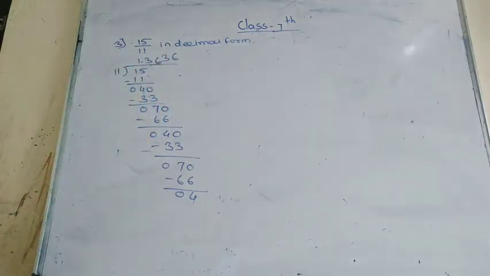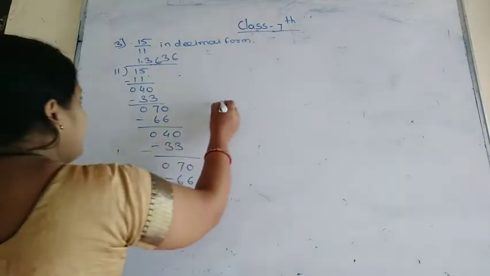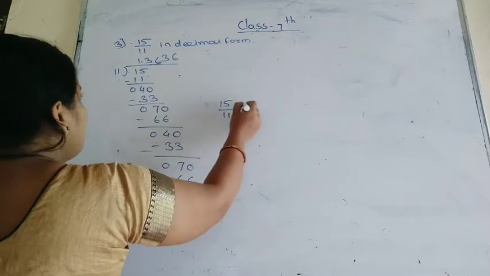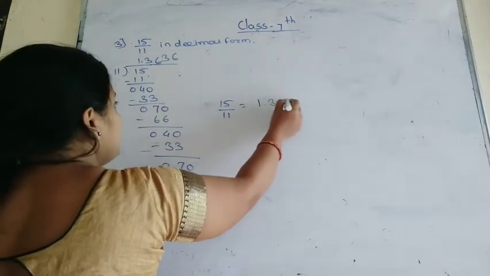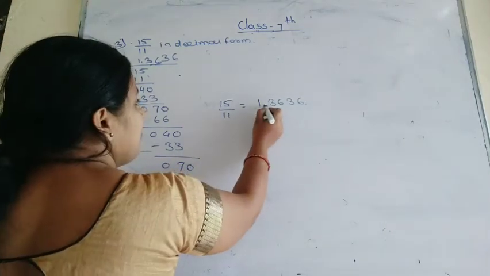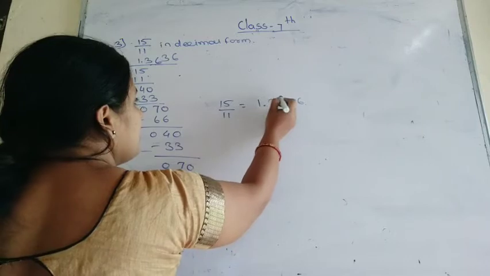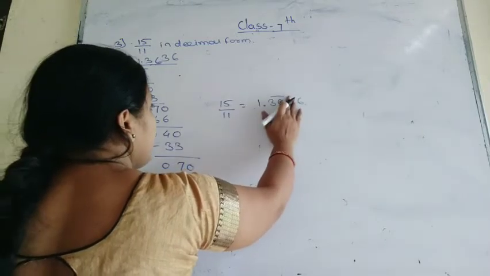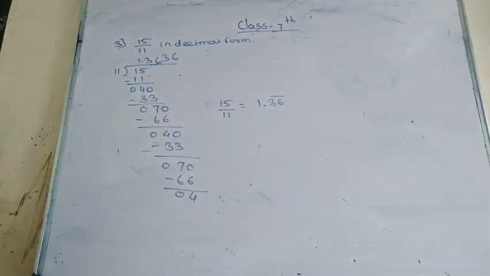To express this, a bar is placed over the repeating digits. Therefore you write 36 with a bar over it. Our answer is 1.36 with a bar.